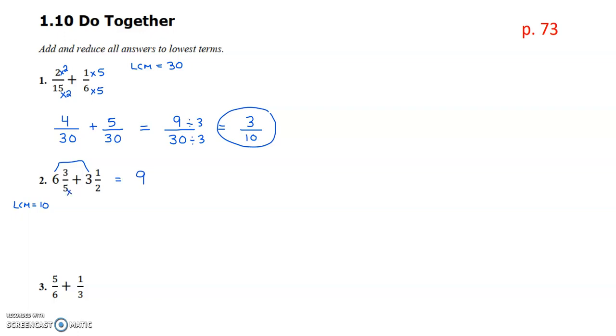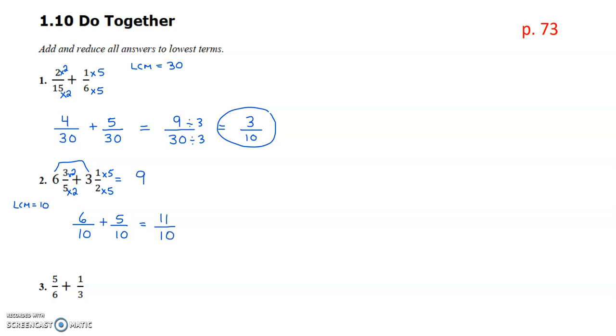So I'm going to be multiplying the first fraction by 2, and I'm going to be multiplying the second fraction by 5. And let me rewrite it for myself so I can see really clearly, so I don't make any mistakes. 6/10 plus 5/10. That's going to give me 11/10.